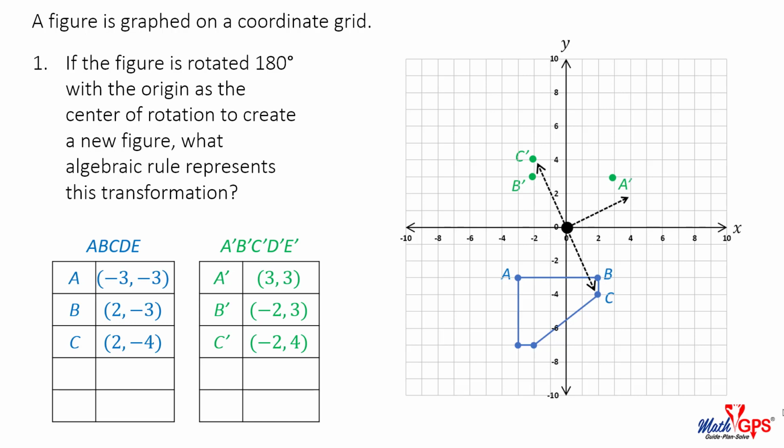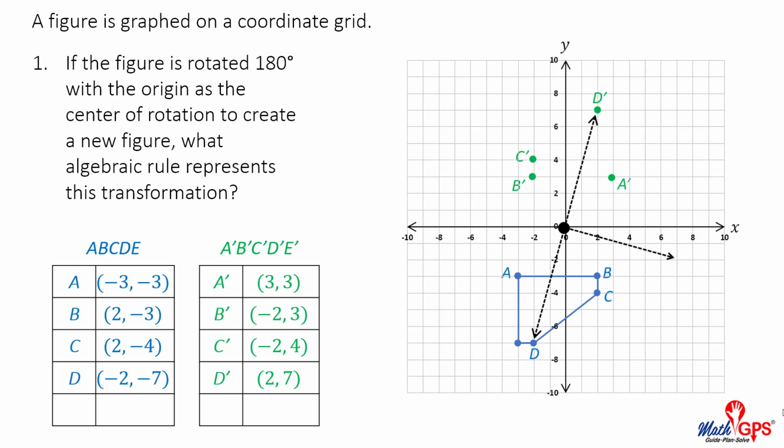Continue with vertex C. If vertex C, located at 2, -4, is rotated 180 degrees, it will be renamed vertex C' and will be located at -2, 4. Continue with vertex D. If vertex D, located at -2, -7, is rotated 180 degrees, it will be renamed vertex D' and will be located at 2, 7.